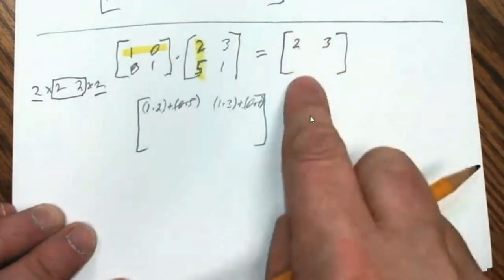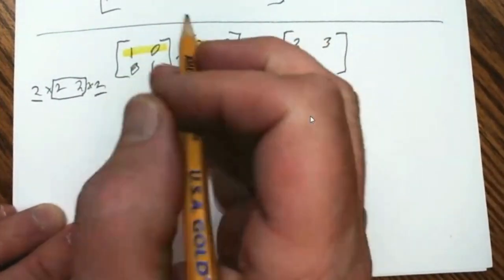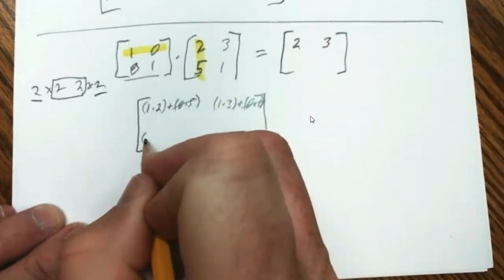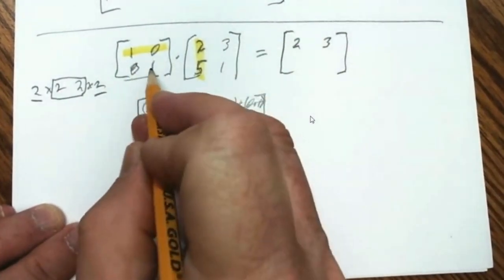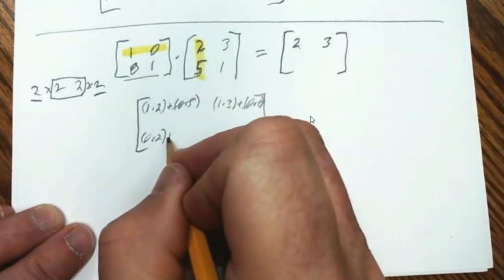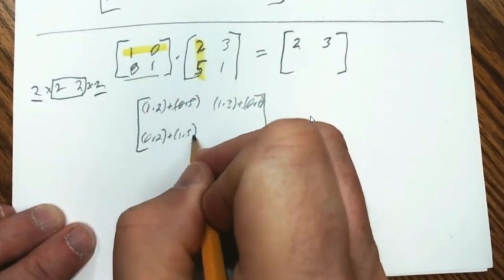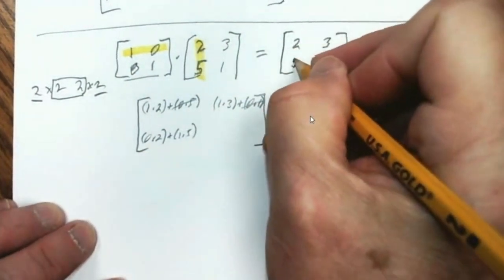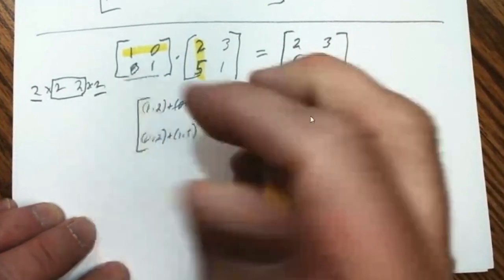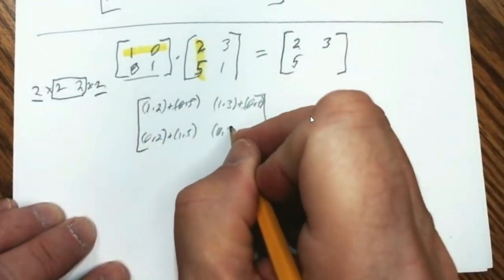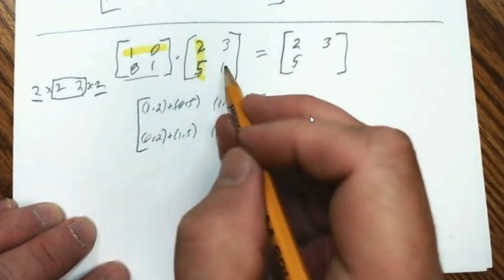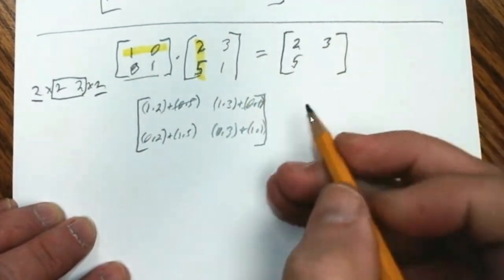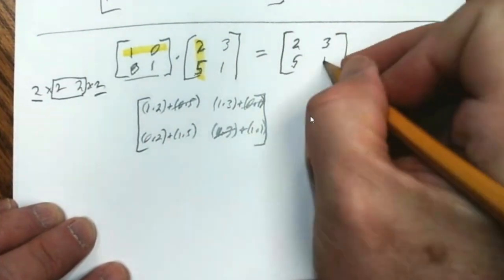Now we're down in the second row, so we need to use the second row right here. 0 times 2, 1 times 5. 0 times 2 is 0 plus 1 times 5 is 5. And then finally 0 times 3, and then 1 times 1. That's 0, that's 1.